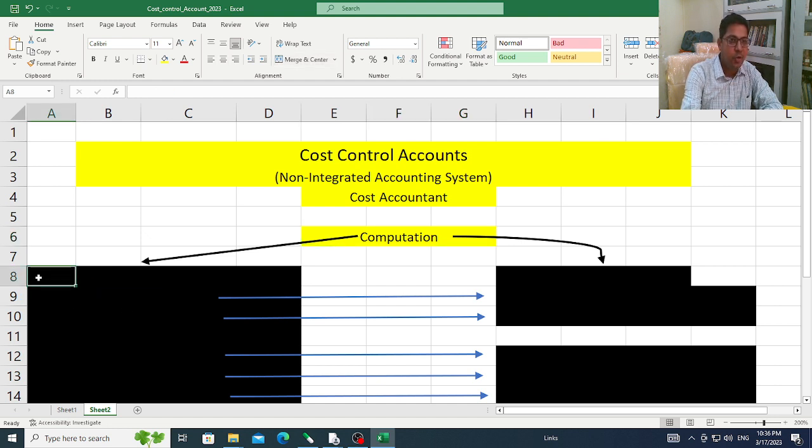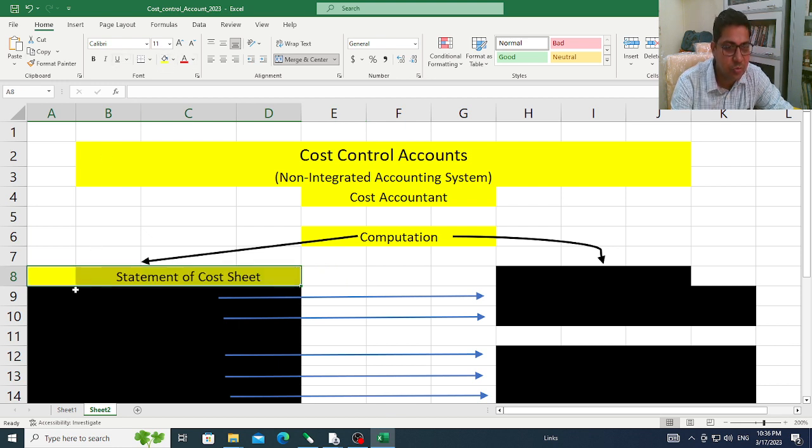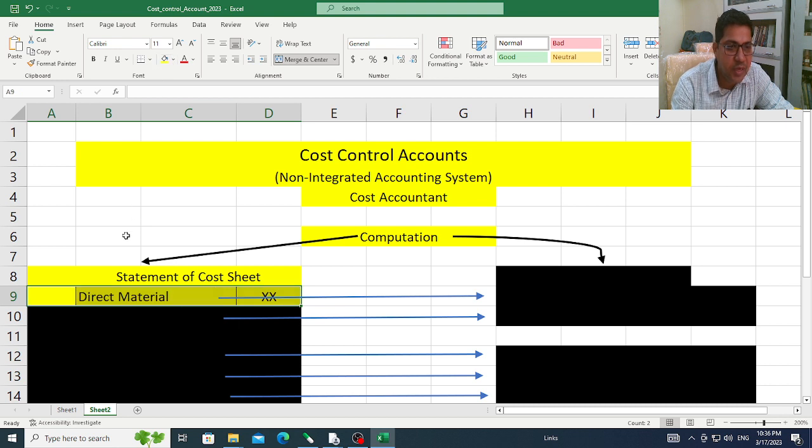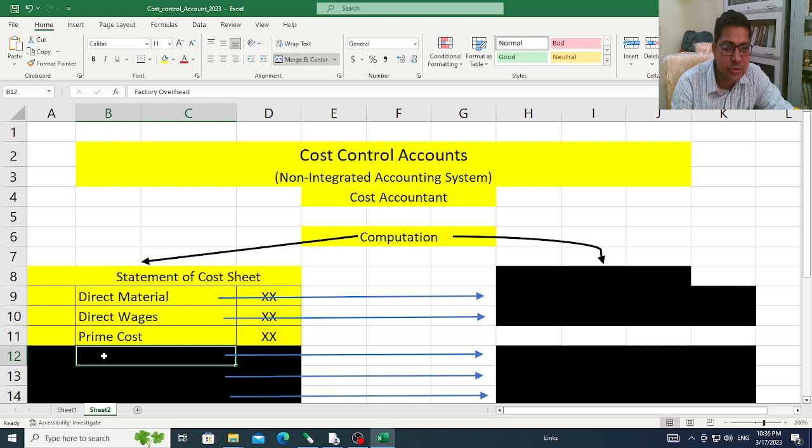Whenever we talk about the preparation of the cost sheet, what elements are there? We will first discuss the elements of the cost sheet. In the statement of cost, the first element is direct material. The second is direct wages. If you add direct material with direct wages, you will get prime cost.